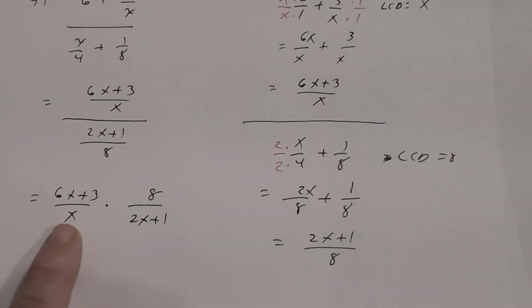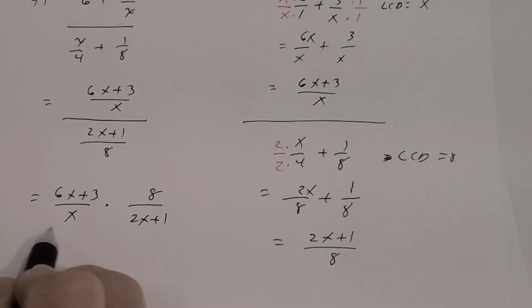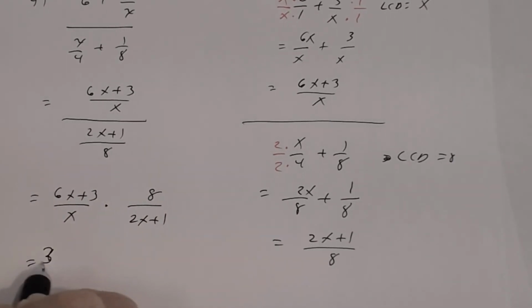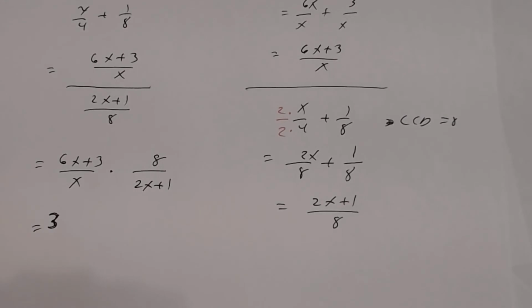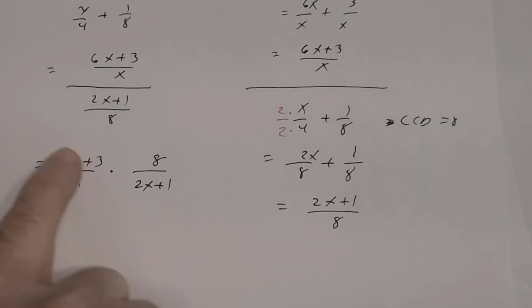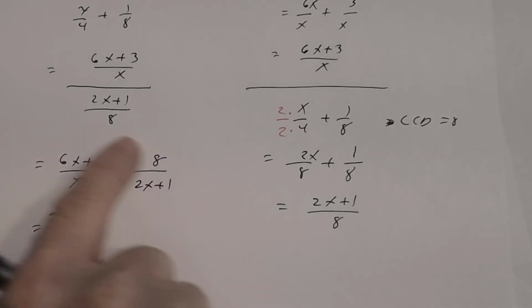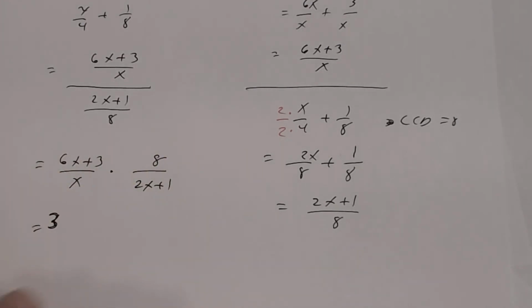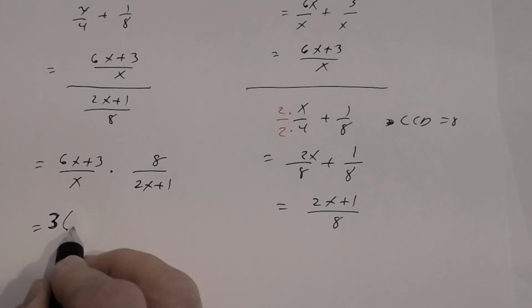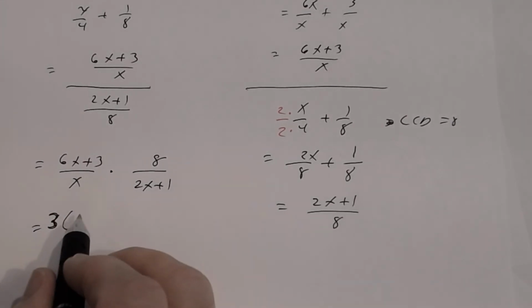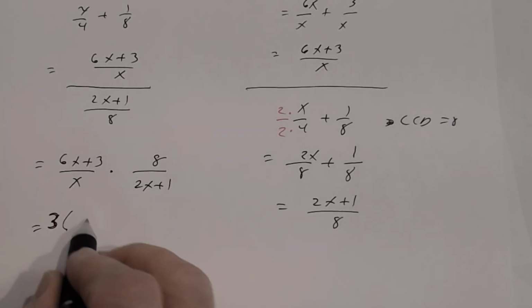Now we're at a point where I can see that I can factor this numerator further. I can factor out a 3. It's a good idea, guys, to actually take the time and rewrite this. Don't put too much writing in this area, because the more you write out, the harder it is to visually see stuff.